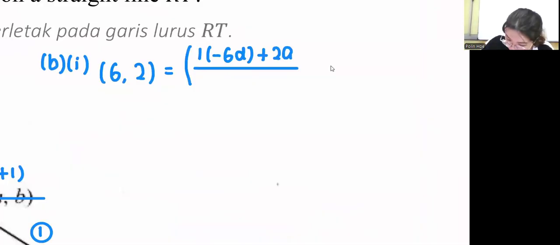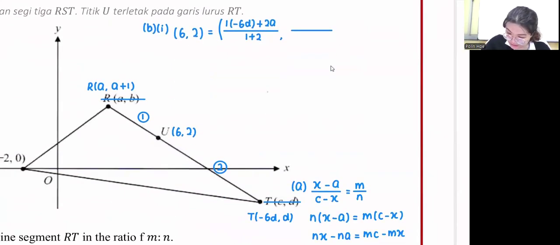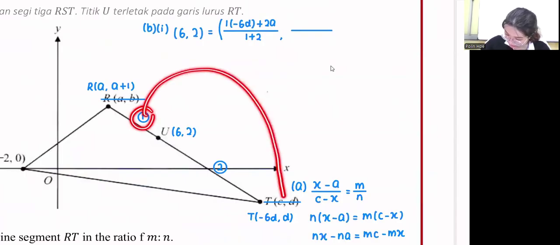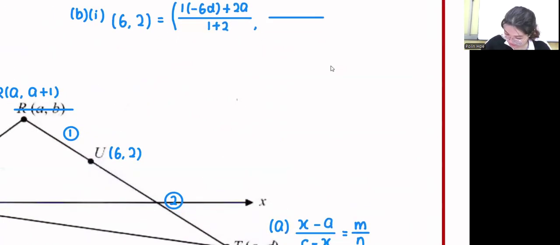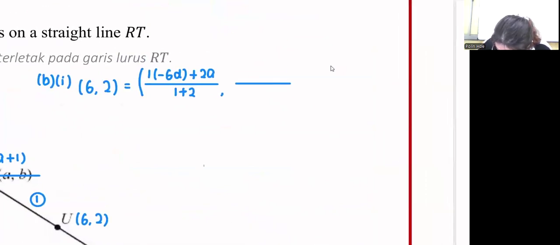Please don't write 3, write 1 plus 2. Okay, so for the y value, same thing. 1 multiplied by t plus 2 multiplied by (a plus 1), over 1 plus 2.